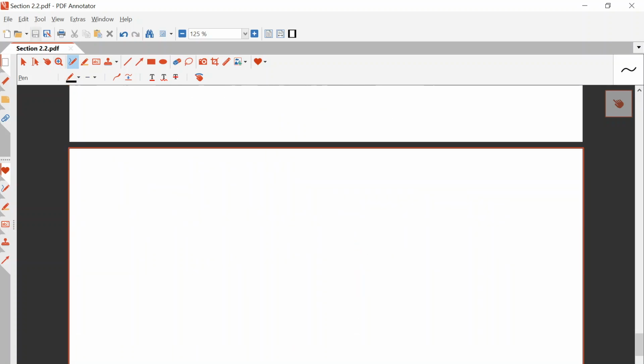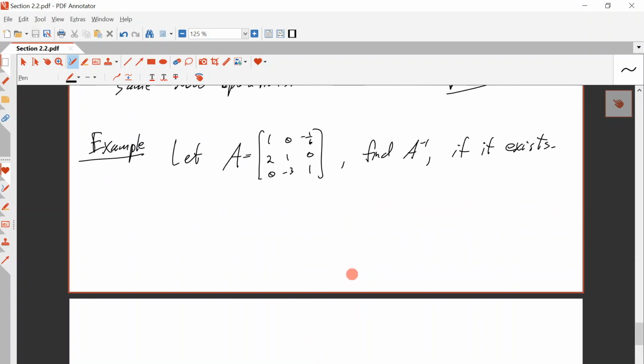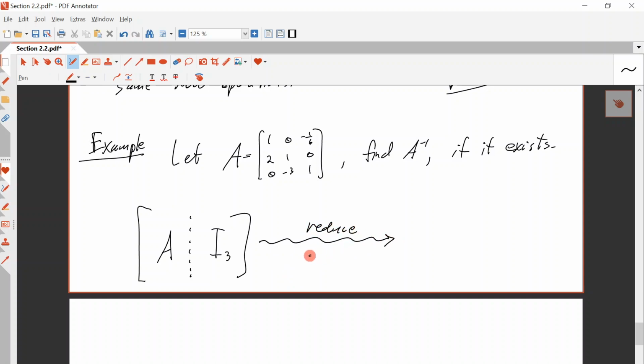All right, so what you do is you take this augmented matrix. You put A on one side, and then you put I3 on the other side. And then you reduce to I3, and on the right, you're going to have A inverse. You just perform row operations simultaneously, reducing A to I3, and simultaneously doing those row operations to I3, and that'll give you A inverse on the right.